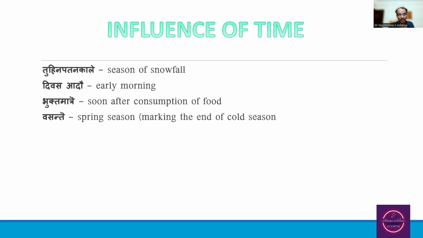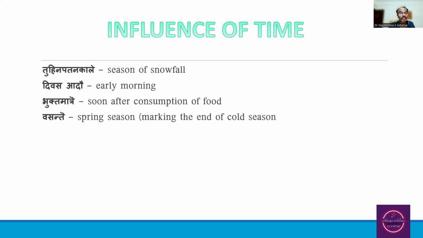Influence of time. So that means these are either seasonal influences or diurnal influences. Seasonal influences in the sense season of snowfall, specifically during the snow or the mist or wind. So if the fall of those particular factors, and divasadau, that means during the early morning time, soon after the sunrise, there may be possibility of the kapha dosha there.